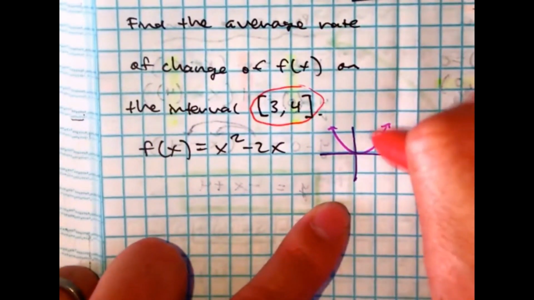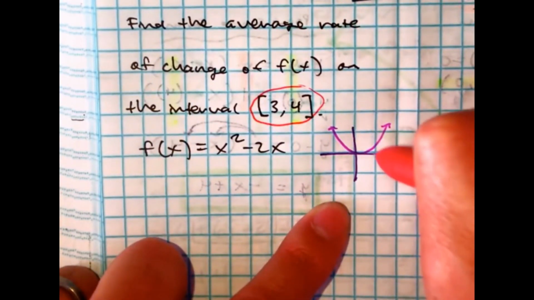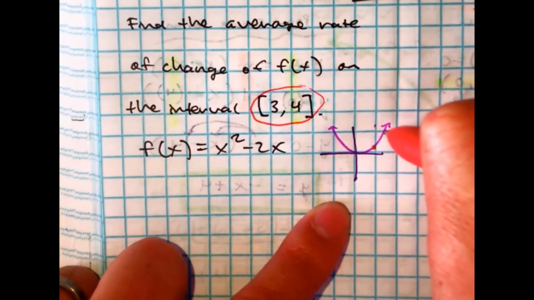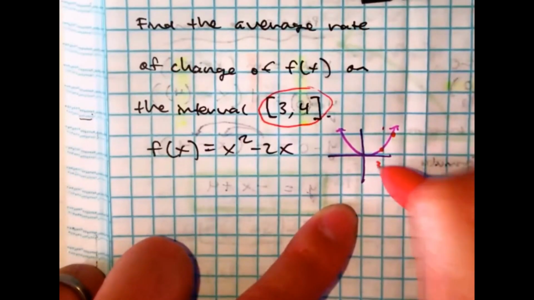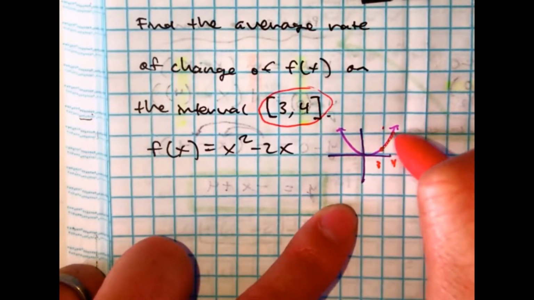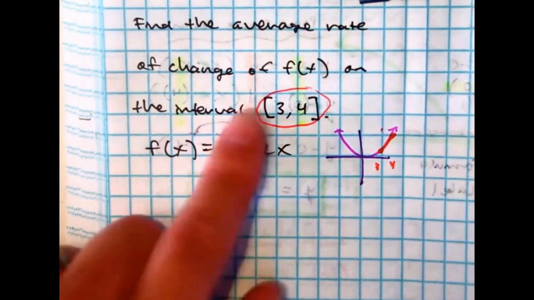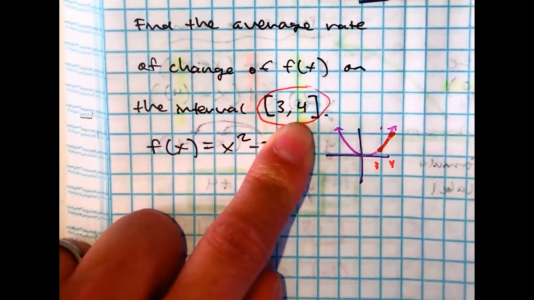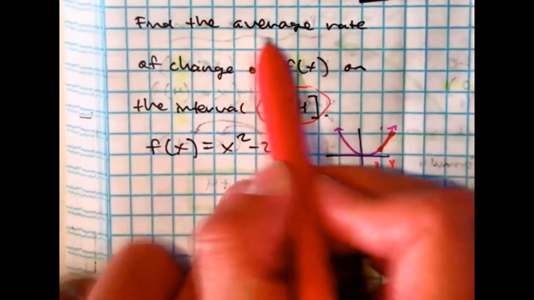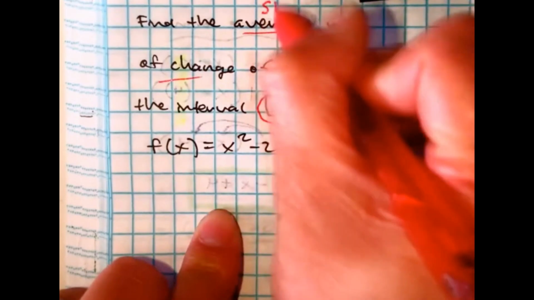So let's just say this is 3 and this is 4. Basically what we're doing is we're trying to find the slope between these 2 points. The hard part is we only have the x values and we don't have the y values to eventually use the average rate of change, which is basically slope.